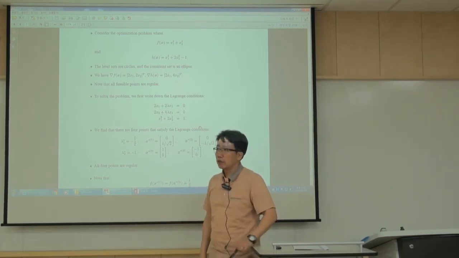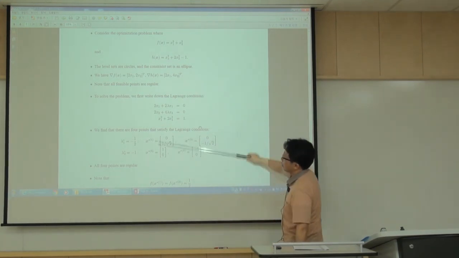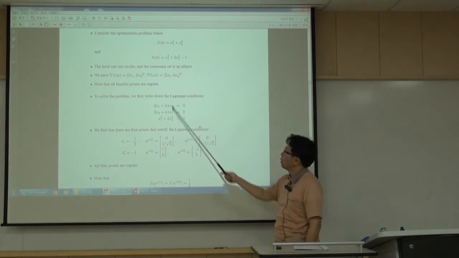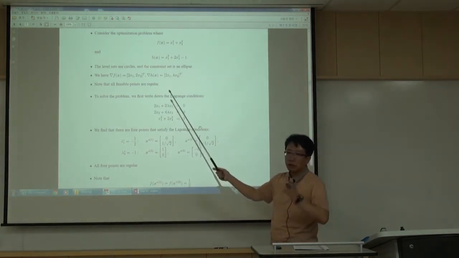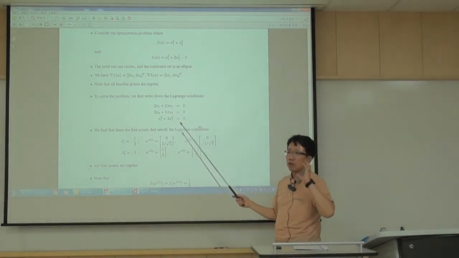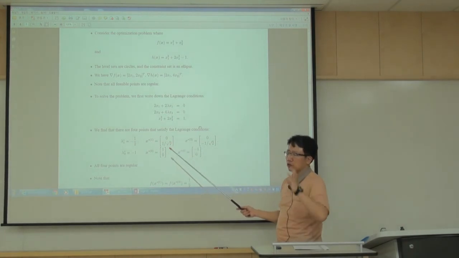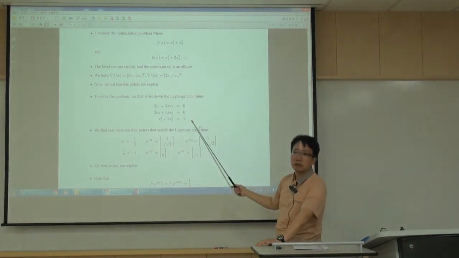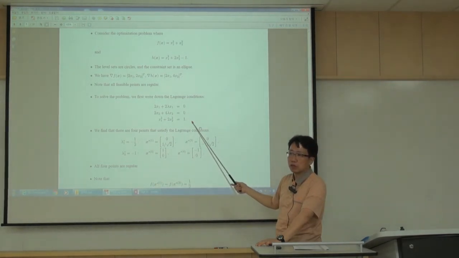Am I right? So you solve this one. It's not that difficult. If you set the full differentiation of the Lagrangian function to 0, then you have 3 equalities. Actually, the third one is just the constraint, right? Primal feasibility.